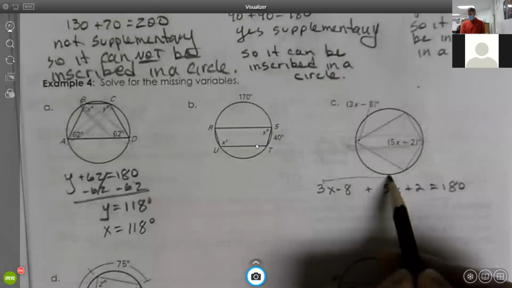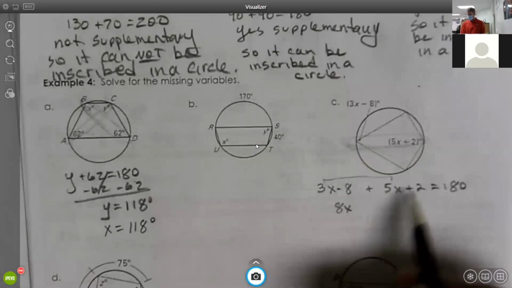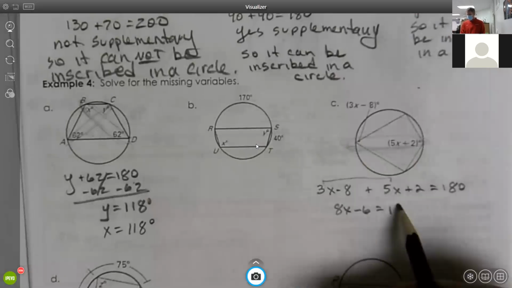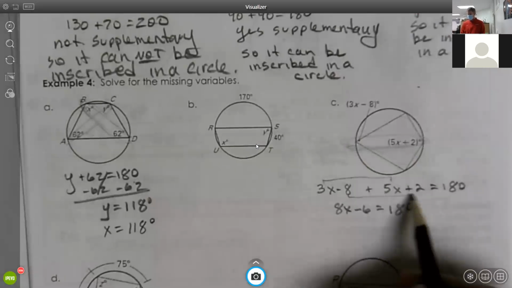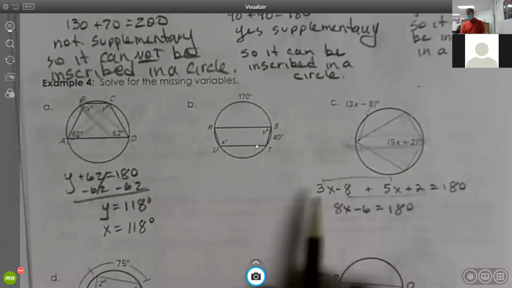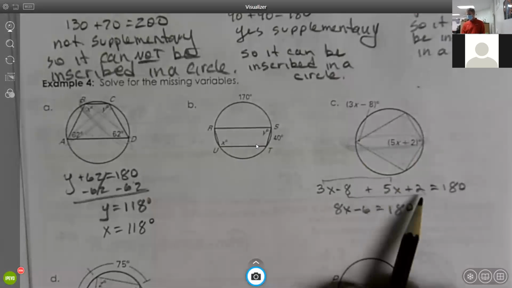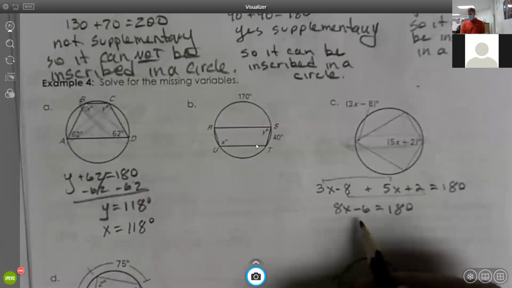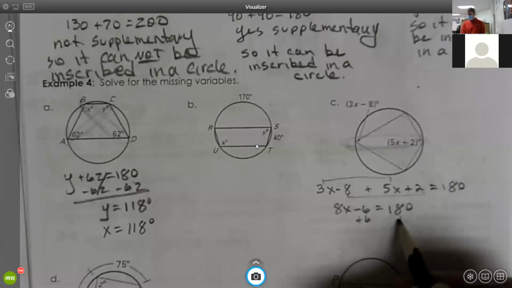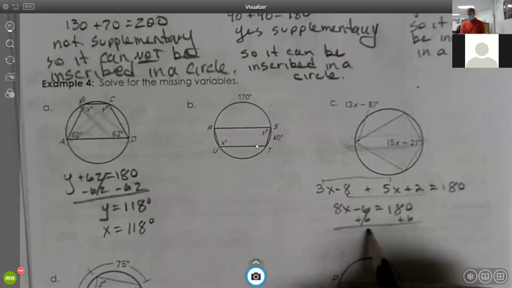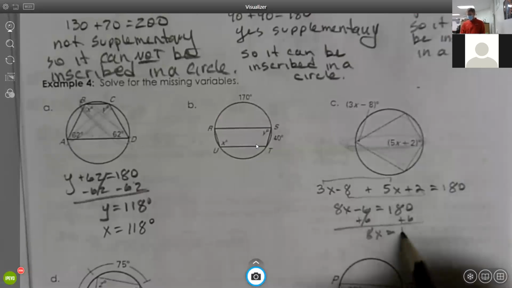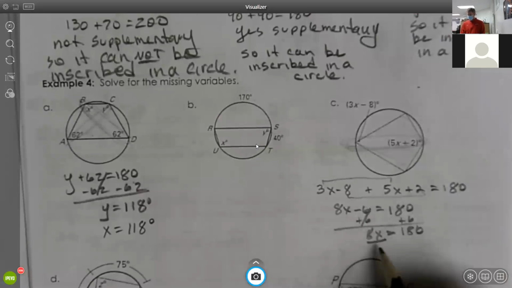So we've got 8x - 6. So first I collected like terms. The 3 and the 5 made the 8. The -8 and the 2 made the -6. I add the 6 across. Divide by the 8.